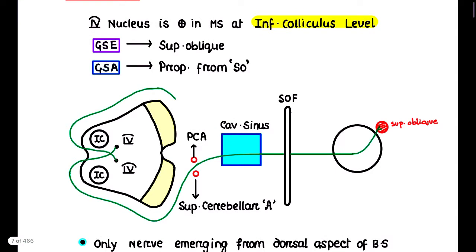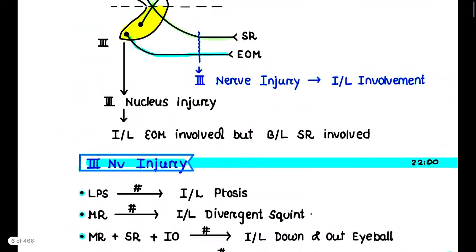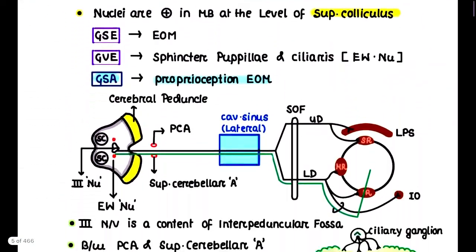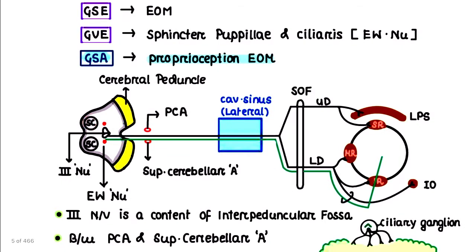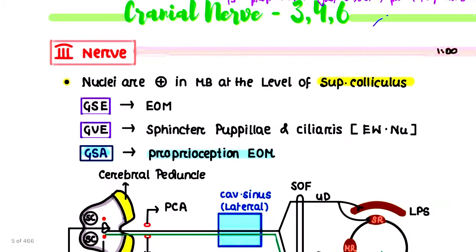It lies at the level of the inferior colliculus. If you remember the lecture on the third cranial nerve, it was present at the level of the superior colliculus.